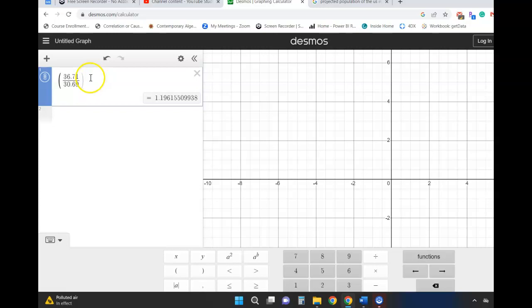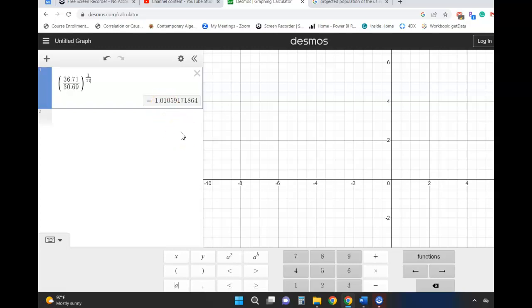I'm going to go outside the parentheses, use my exponent button, and raise it to the 1, and when I hit divide, it keeps it all as a fraction, to the 17th power. My answer is 1.01059. Now keep in mind that the 1 represents 100%.